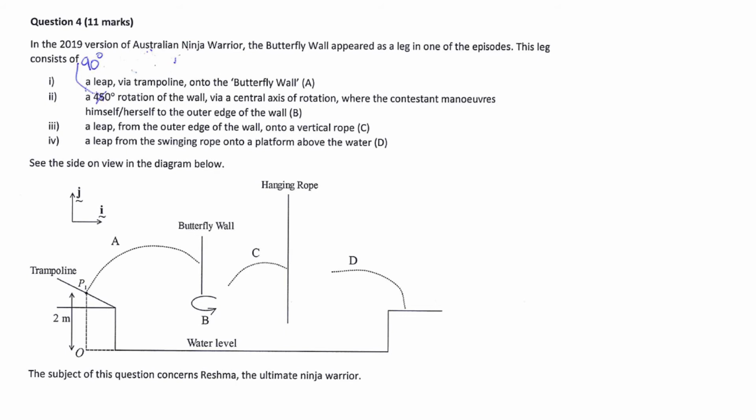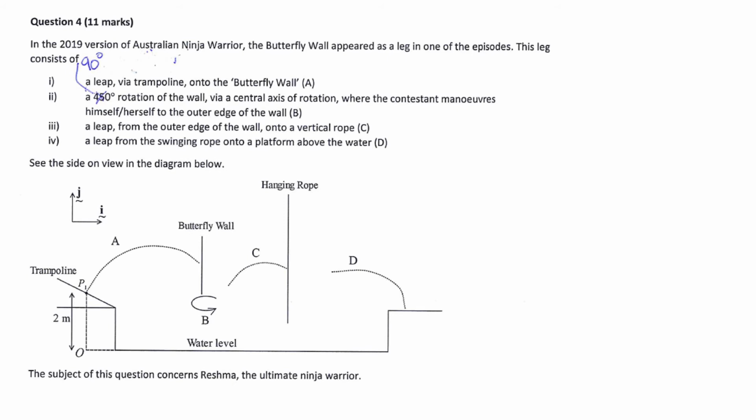Then a 90-degree rotation of the wall, it was 450 to match what actually happens, but that's fine, via a central axis of rotation where the contestant moves him or herself to the outer edge of the wall. Part C, there's a leap from the outer edge of the wall onto a hanging rope, and then there's a leap from the swinging rope onto a platform above the water. D. Now, Reshma is our ultimate ninja warrior here.